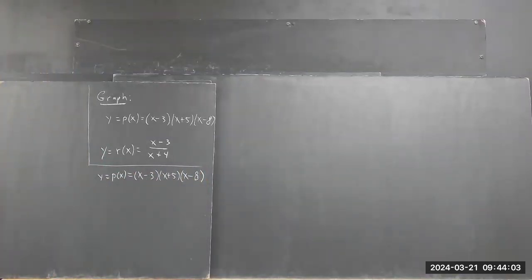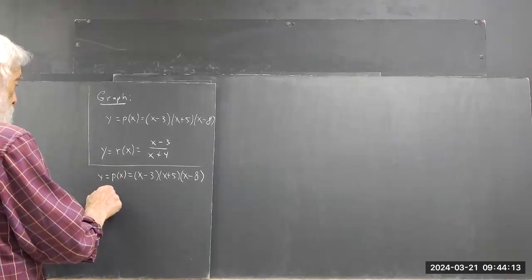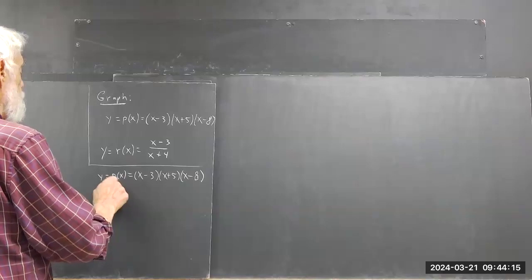Now, to graph any function, we start by asking two questions. What are the x-intercepts? What are the y-intercepts? We want to write this out to remind ourselves. It's kind of an automatic thing.